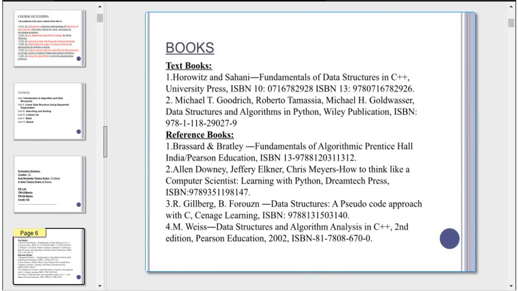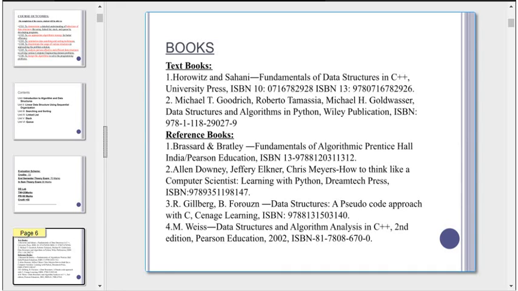So these are some books that we have to refer to for this subject. The first two I mentioned are the textbooks: Fundamental Data Structures in C++ by Sahani, and Data Structures and Algorithms in Python by Wiley Publication. Along with that, you can use the reference books. The first one is Brassard, for the fundamentals of algorithms.